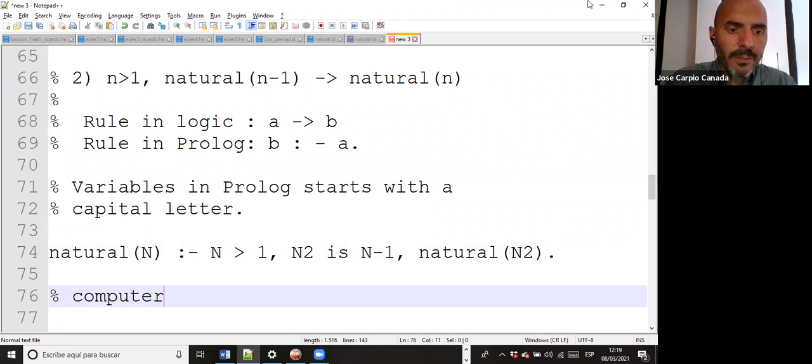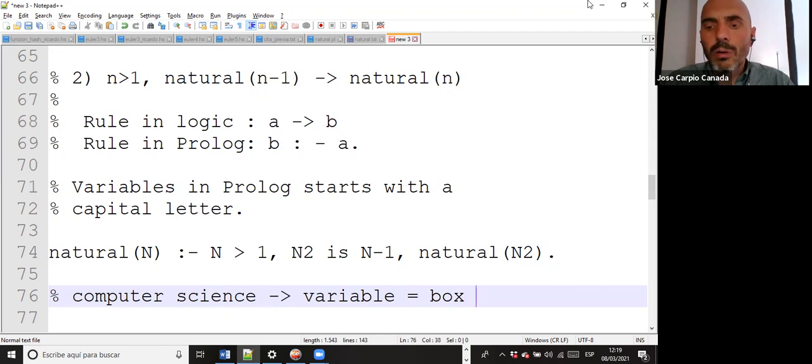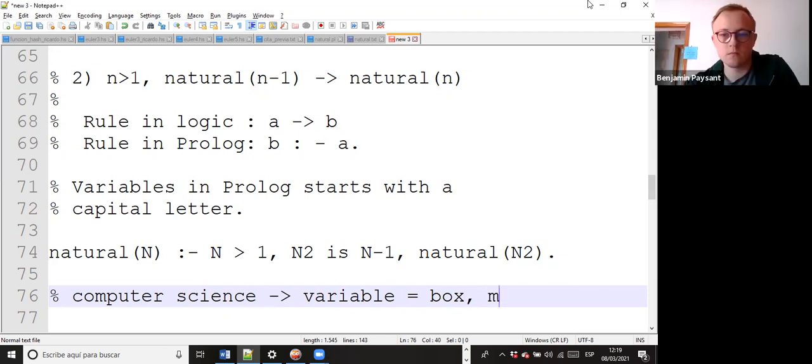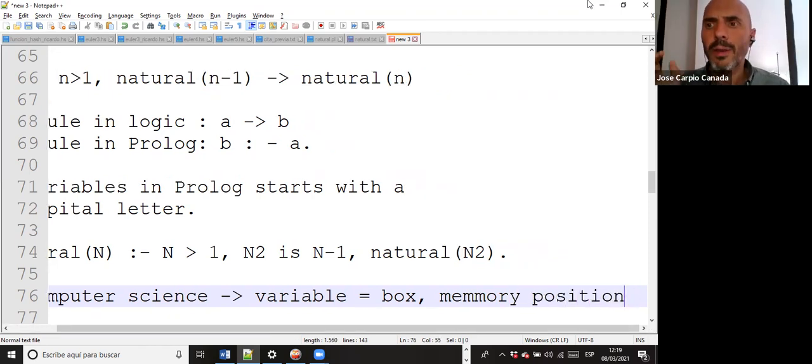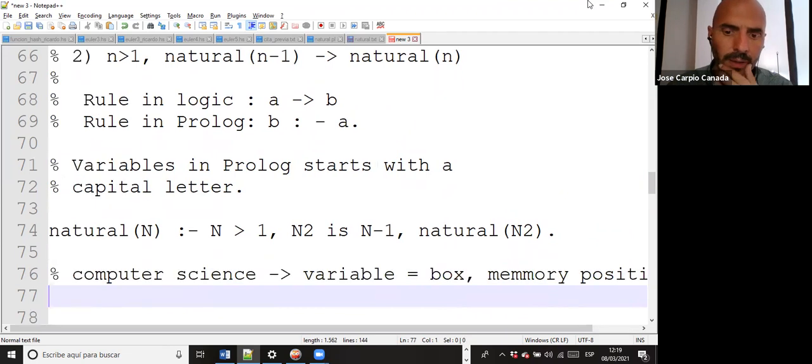In computer science, a variable is like a box or memory position, where I can put things inside this box or variable. But in mathematics it's quite different.